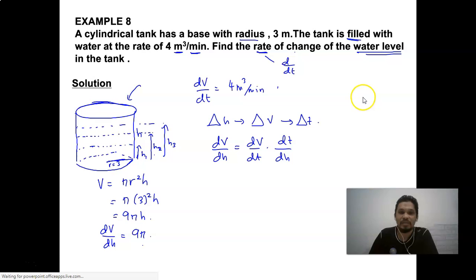So let's see what is given in the question. dV/dh equals 9 pi.